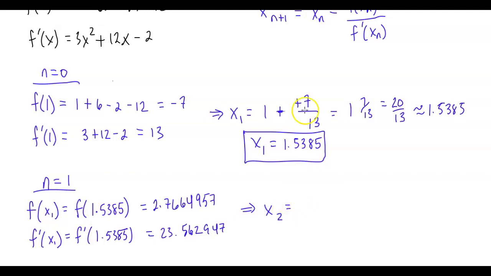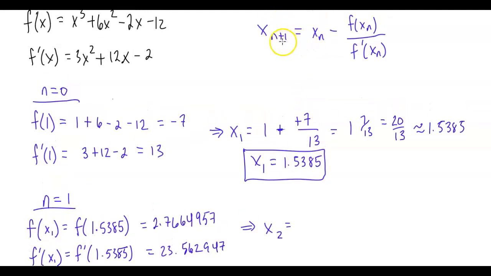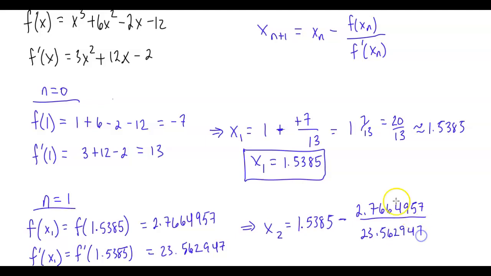And so now we need to figure out what our x sub 2 is going to be. Remember that from the formula, since we want to find x sub 2, we have to use x sub 1, and our x sub 1 is 1.5385. So here this will be 1.5385 minus, and then we use our 2 numbers here: 2.7664957, all divided by 23.562947.